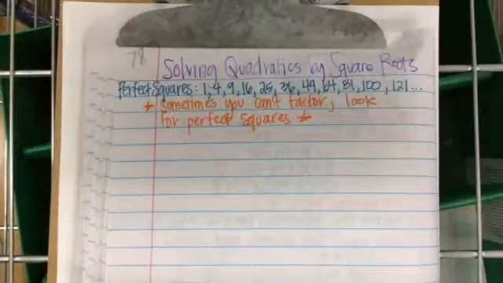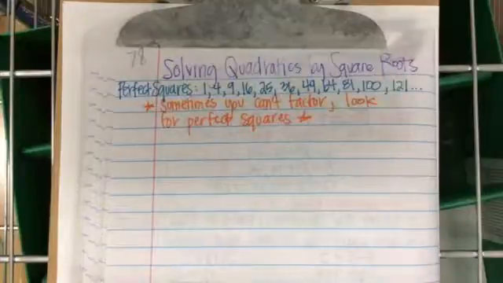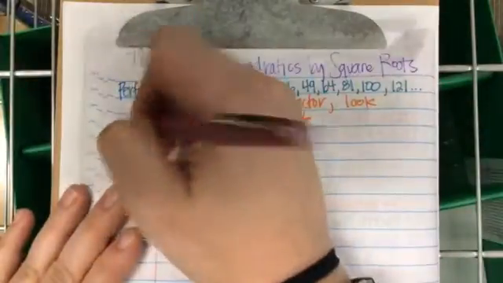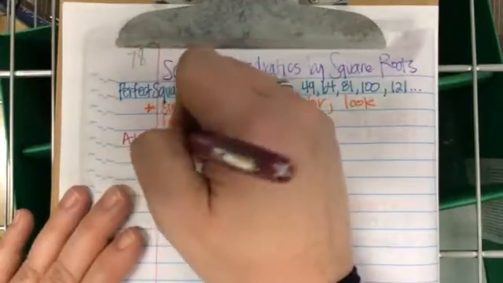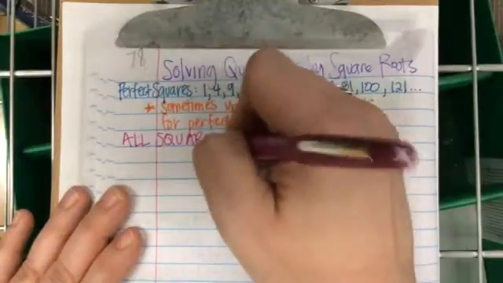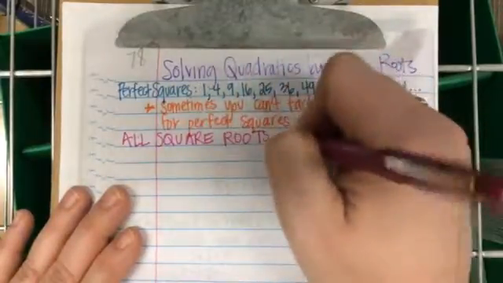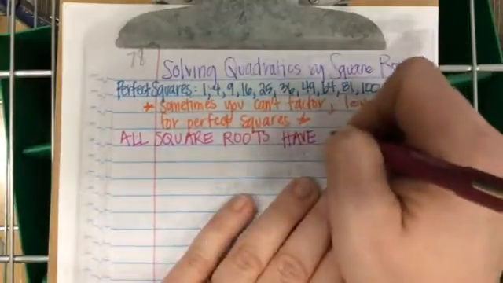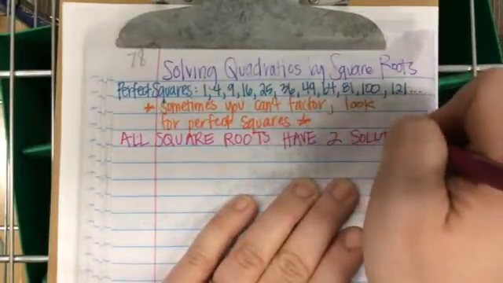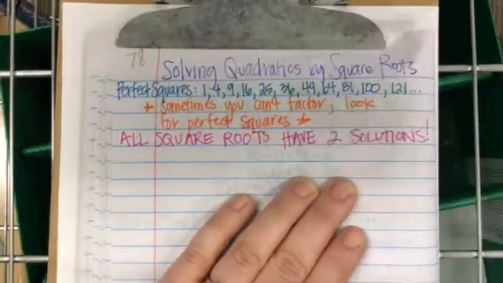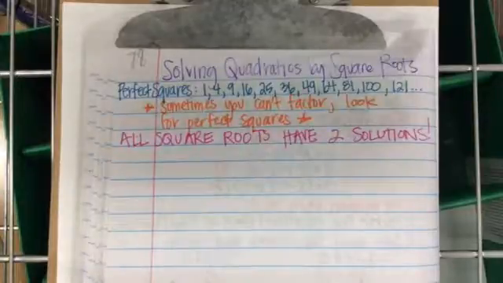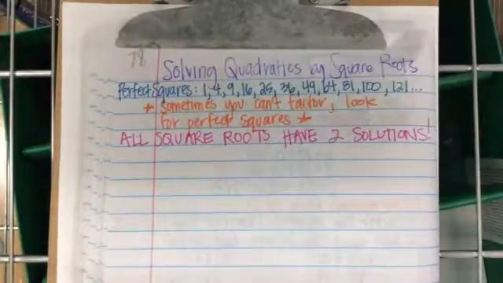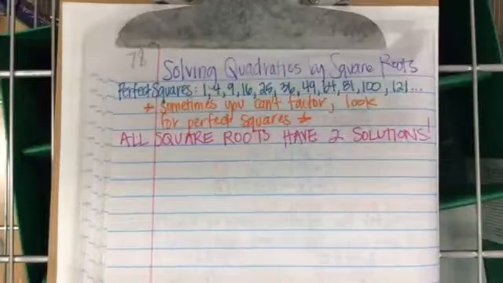Now here's the part to wrap your head around. You have to be okay with the fact that all square roots have 2 solutions.